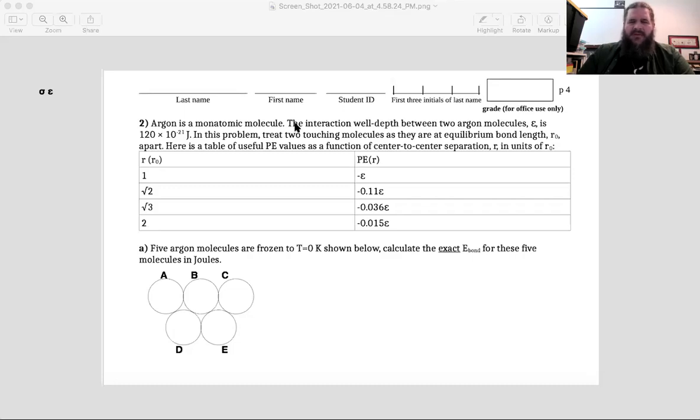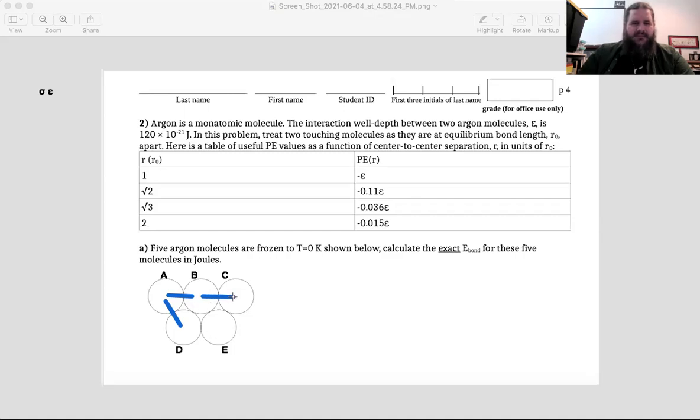If we try the nearest neighbors, for instance, like A is bonded to which nearest neighbors? Yeah, we've got A to B, B to D. What are some other nearest neighbor pairs? If we just list out all of them, what would the other ones be?